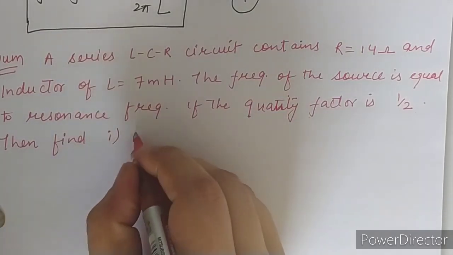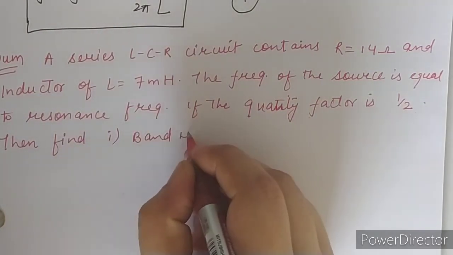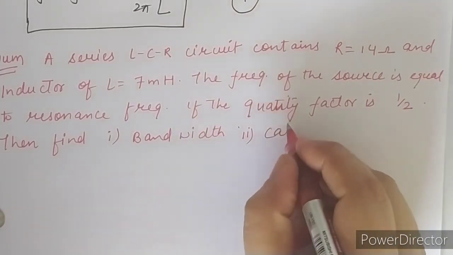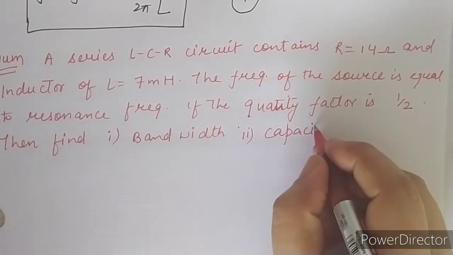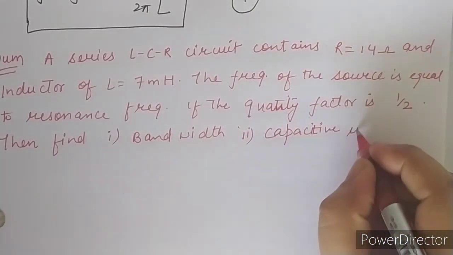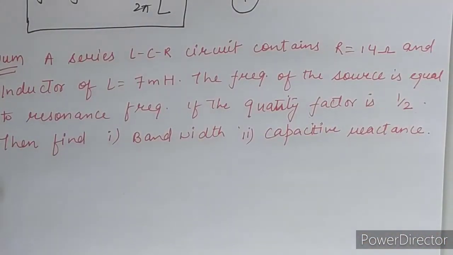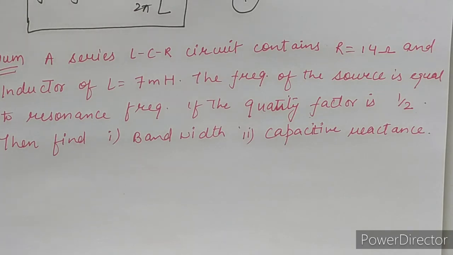Okay, so you have to do the numerical. The bandwidth, you know, omega 2 minus omega 1 is equal to R upon L. The value of R and the value of L are given in the question, so we can calculate omega 2 minus omega 1 from here.